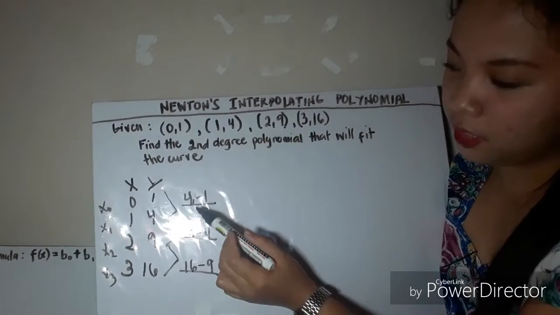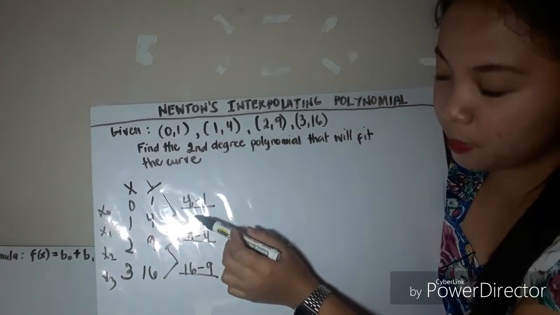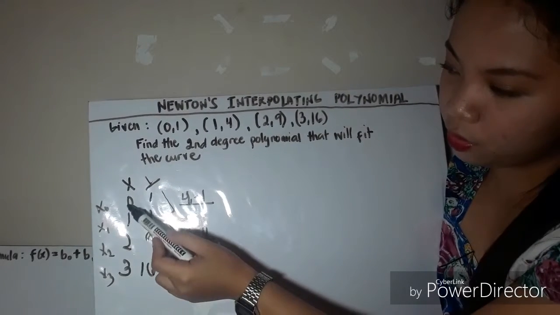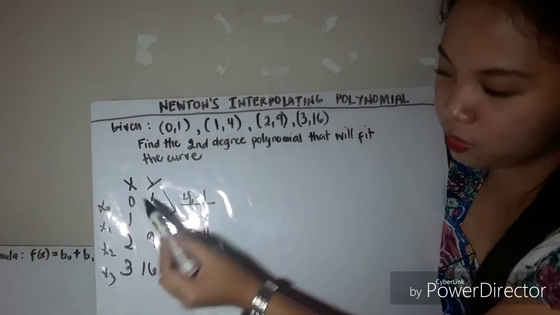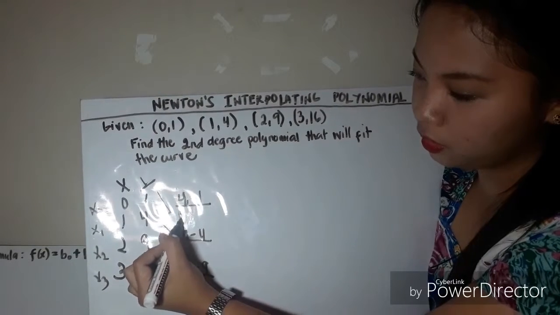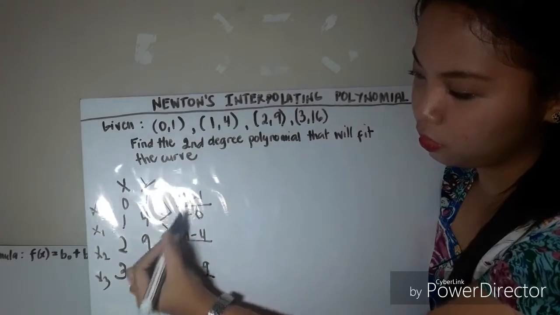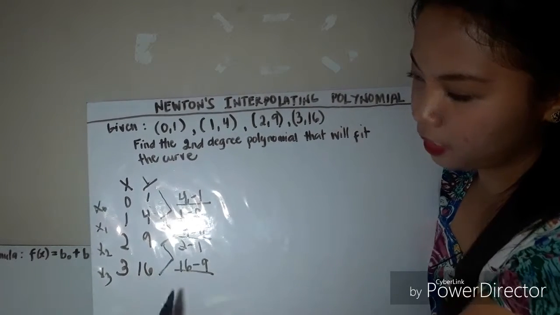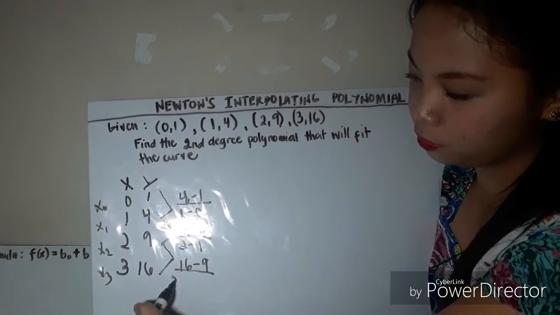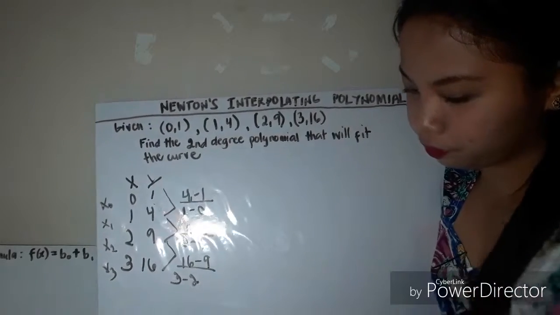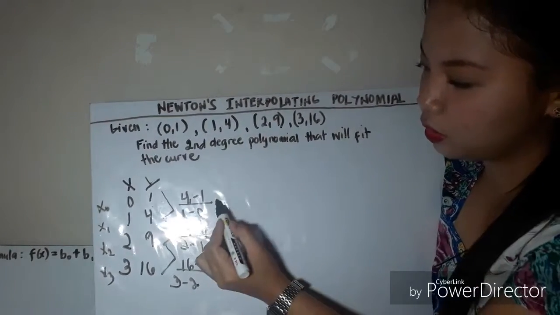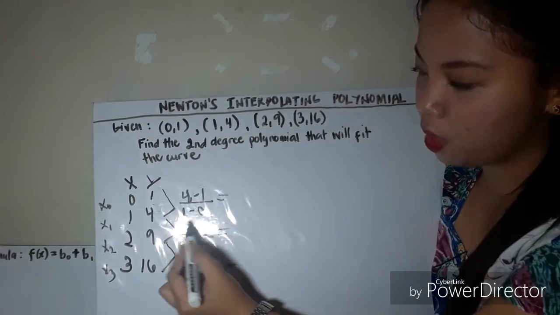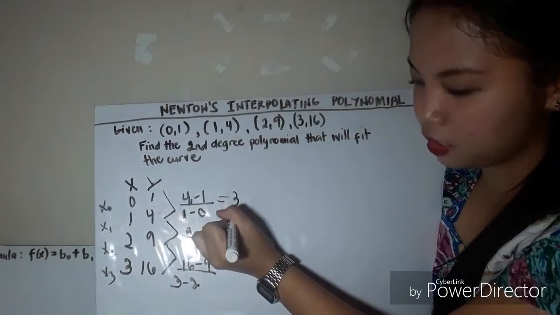To get the denominator, it is 1 minus 0, 2 minus 1, and 3 minus 2. So if you calculate it, 4 minus 1 over 1 minus 0 is equal to 3.